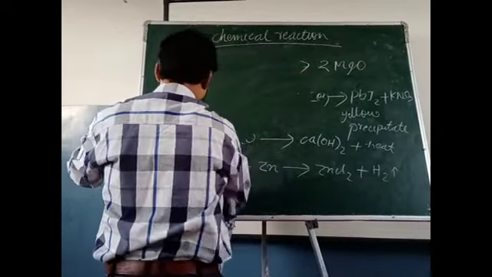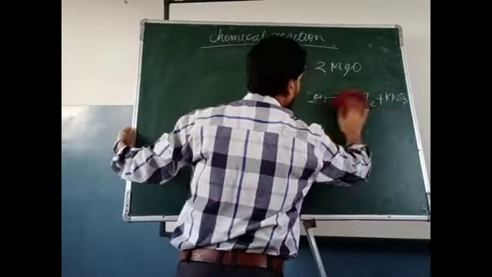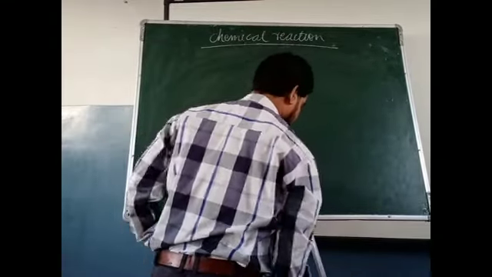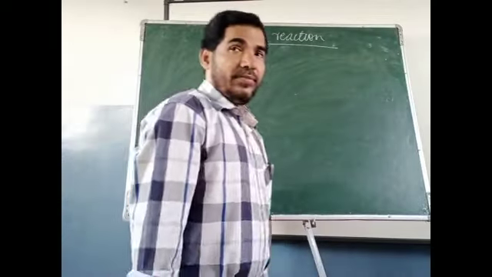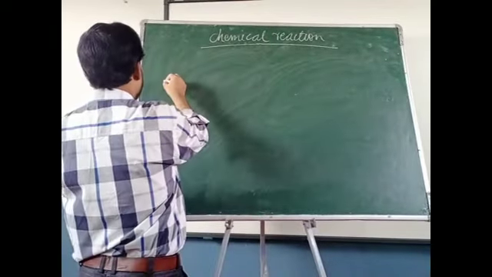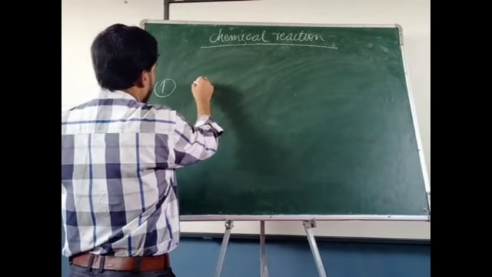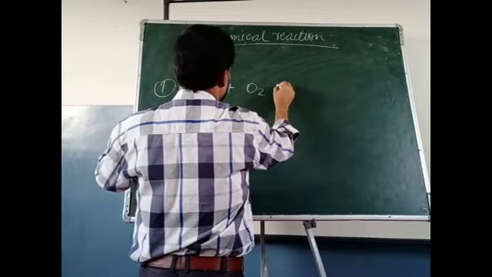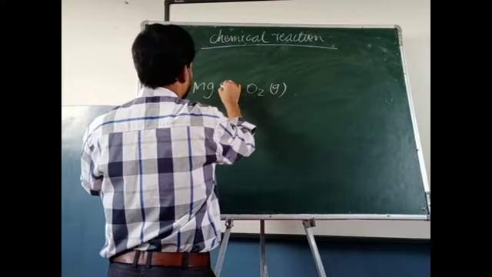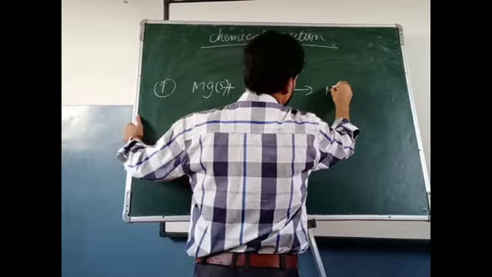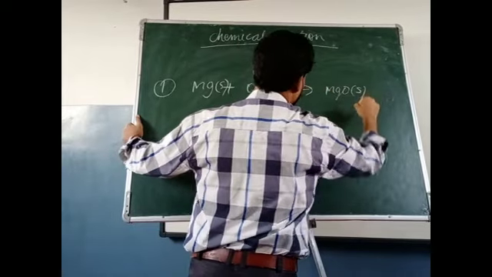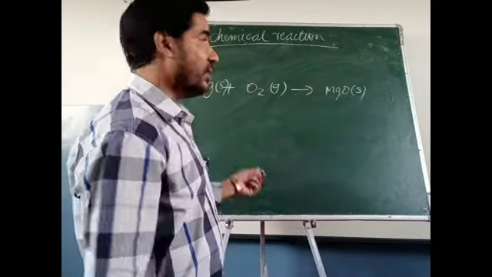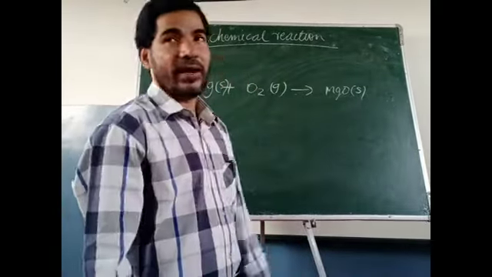For this we will take an example. Suppose I am taking an example: Mg plus O2 gives magnesium oxide. Here you are seeing that I have written something in front of the symbol and formula.